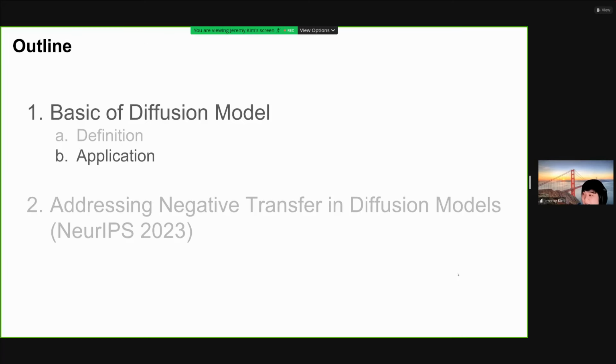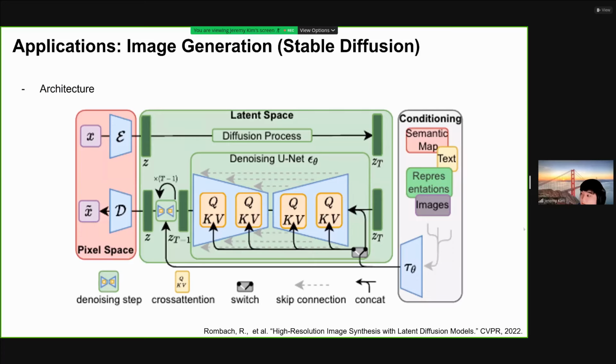Now we move on to the interesting content, applications. Stable Diffusion is one of the most popular diffusion models due to the Stability AI company and its powerful performance. From the academic view, it has two main advantages. The first is reduced computing cost, and the second is conditional generation with cross attention.